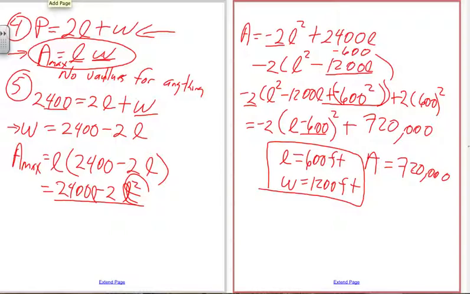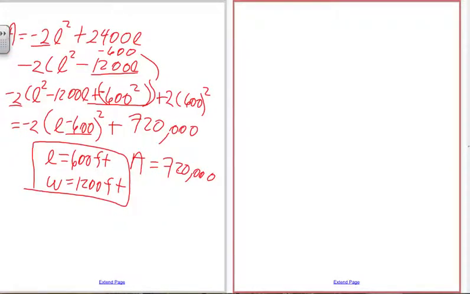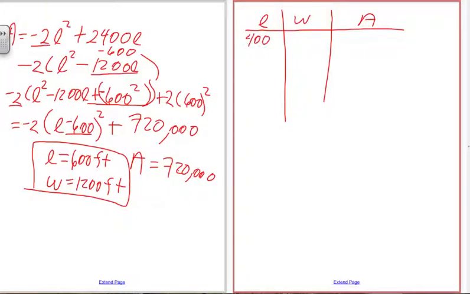Now to check this for reasonableness, what I did on this was I went in and I just started making some numbers around these. So I did L, W, and area. So I started off with 400, and that gives me 1,600 for W. Need to make sure that 2 times this plus this, 2 times 400 plus that gives me 2,400.